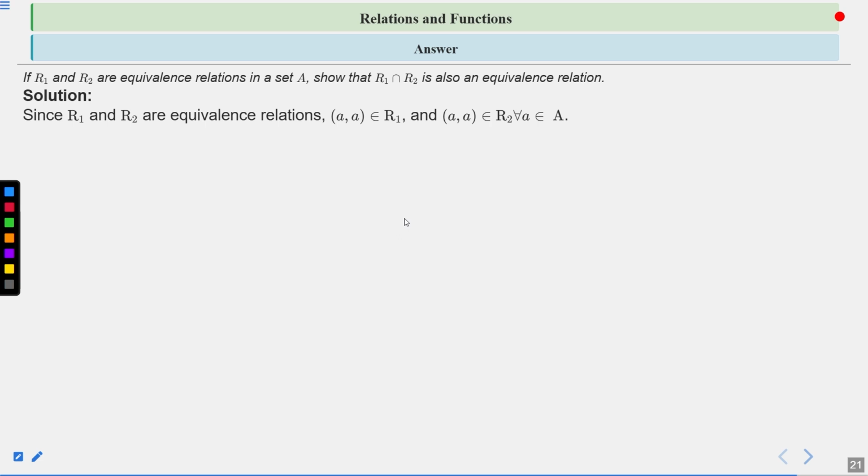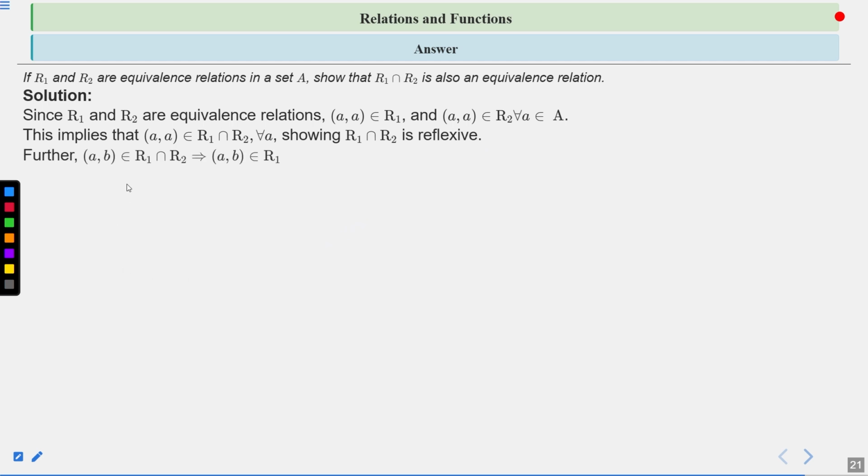Since R1 and R2 are equivalence relations, (a, a) belongs to R1 and (a, a) belongs to R2 for all a belonging to A. This implies that (a, a) belongs to R1 intersection R2 always, showing that R1 intersection R2 is a reflexive relation. Got it?